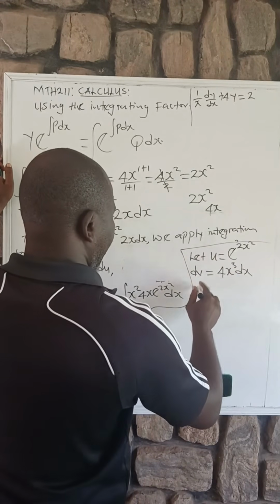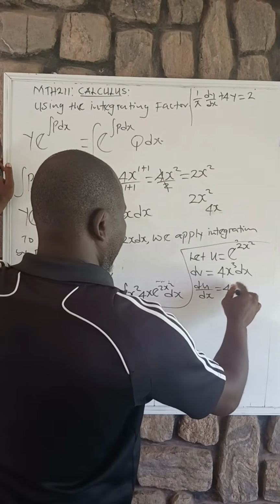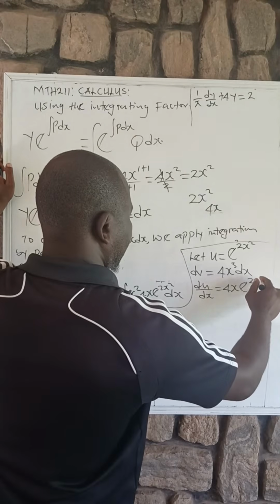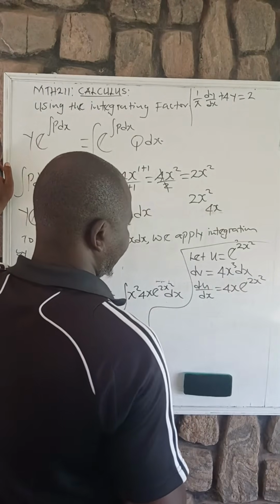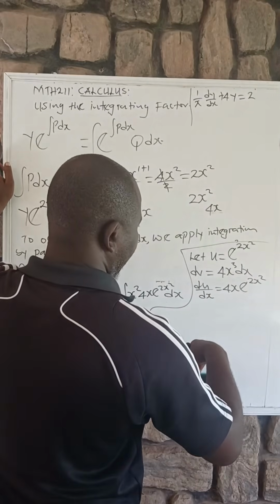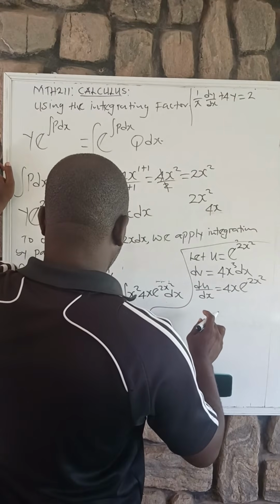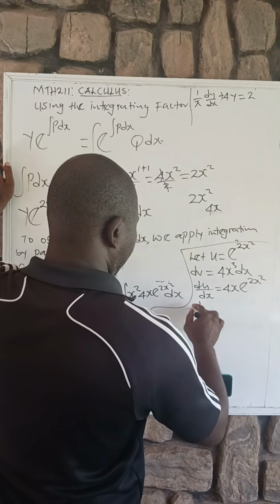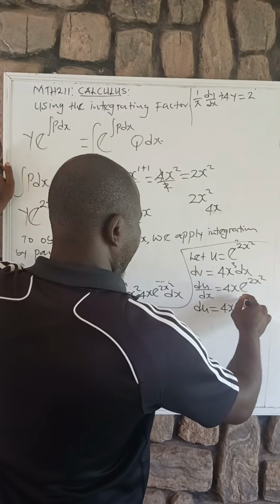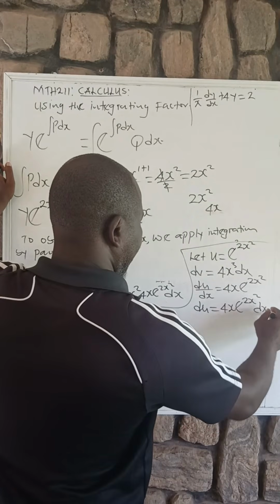So when we differentiate, du over dx is going to give us 4x exponential 2x squared. Then our du is equal to 4x exponential 2x squared dx.